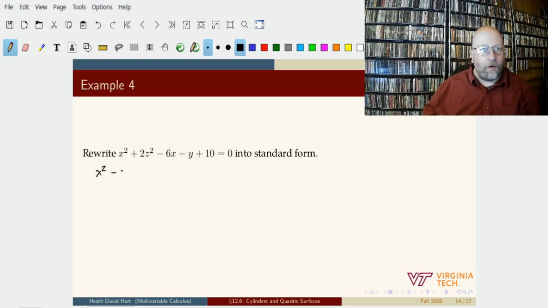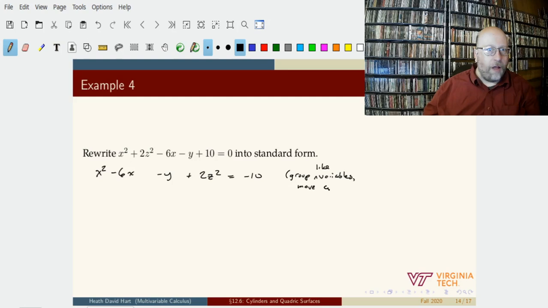So x squared minus 6x minus y plus z squared equals negative 10. So group like variables, and then move the constant to the right. This has an x squared and an x term, and so I'm going to try to complete the square for this term.